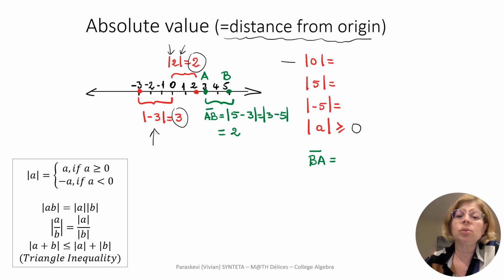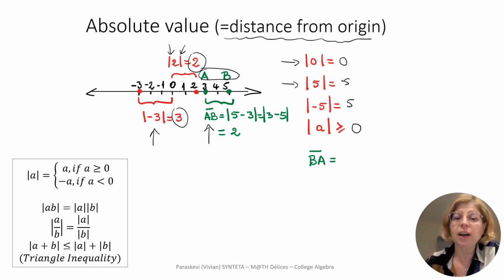And if we want to do some examples, the absolute value of 0 is 0 because the distance from 0 is 0. The absolute value of 5 is 5. In the same way, the absolute value of -5 is 5. So we just take out the sign, and this is how we calculate the absolute value. And of course, if it's between two numbers like A and B here, the distance is always the absolute value of the difference of the numbers, so 5 minus 3.